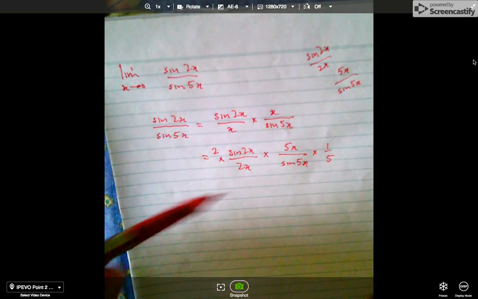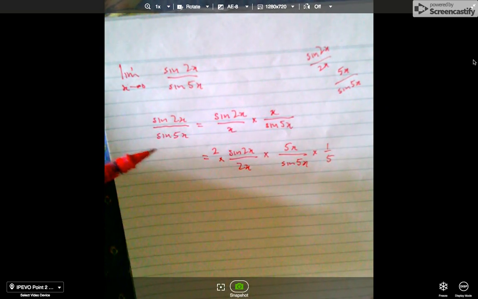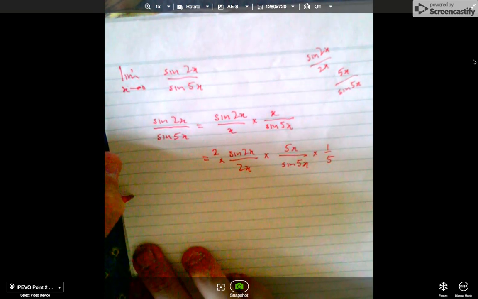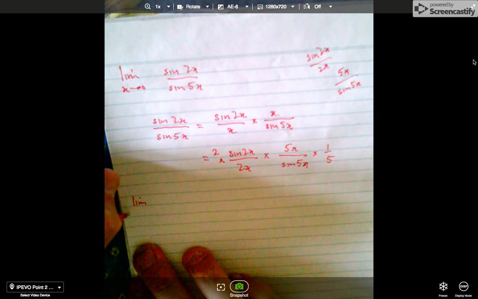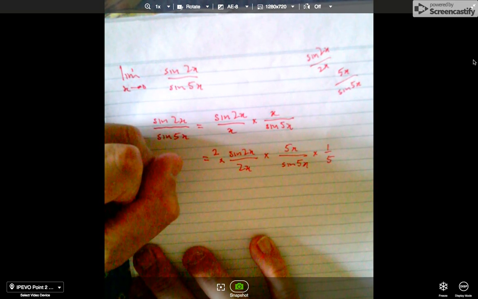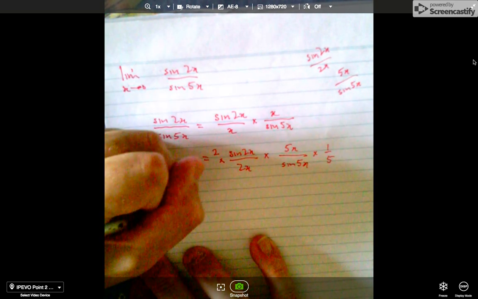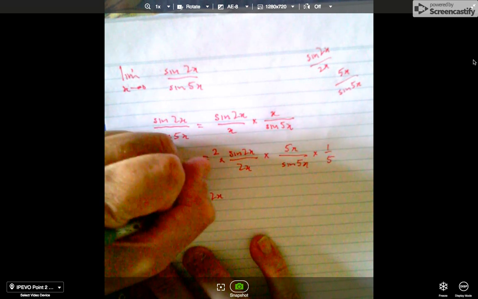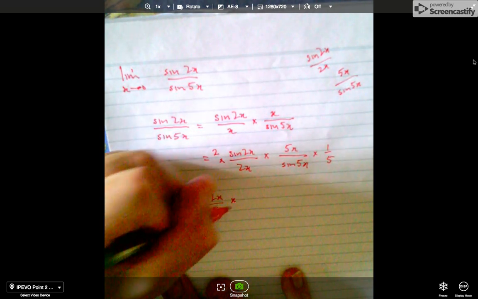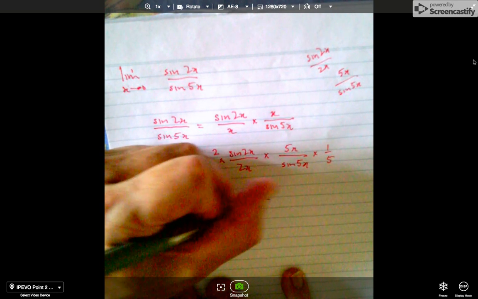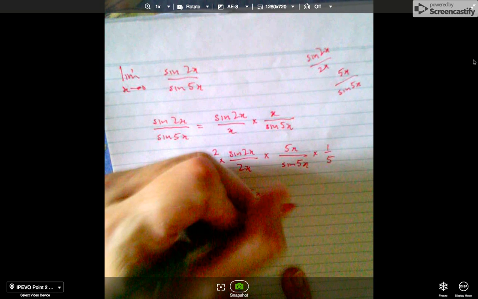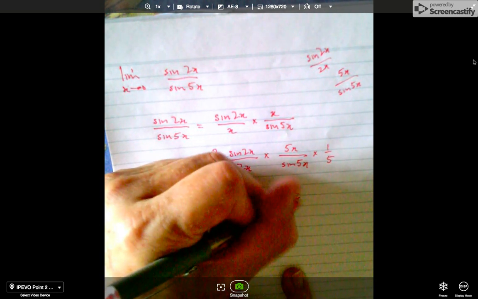What we have done, though, is this is sine of 2x over 2x. Now what we need is to write the limits. So now I'm going to look at the limit as x tends to 0 of 2 times sine 2x over 2x, and we're going to times that by 5x over sine 5x, and we're going to times that by a fifth.